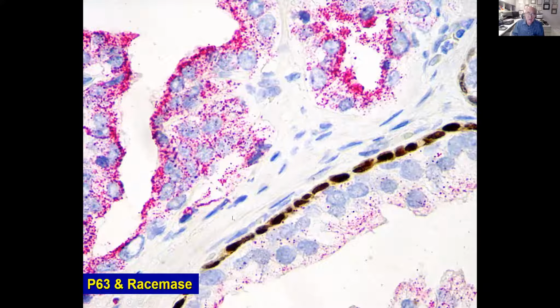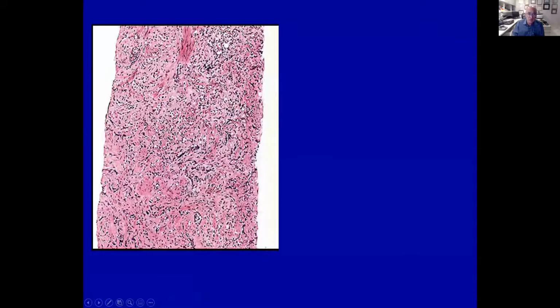This is the different color, a famous pink cocktail, where you have a benign gland with nice basal cells stained with both P63 and high molecular weight cytokeratin, and the normal or typical glands still confined inside the gland, and cancer outside with high expression of racemase with this granular appearance in the cytoplasm.